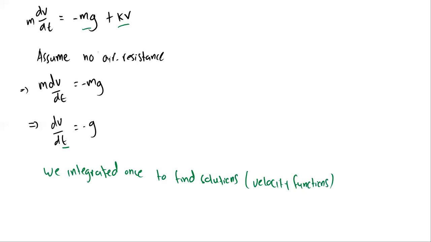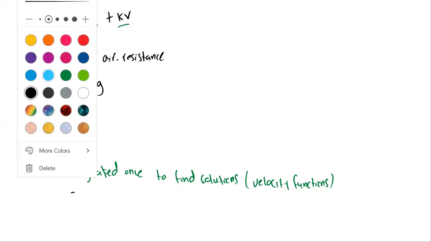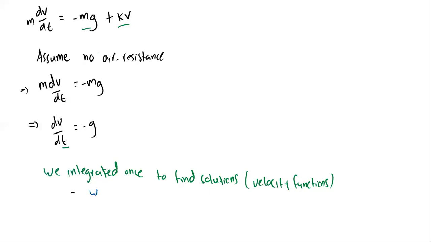When we integrated, we got this integration constant. How do we get rid of it? Well, we needed an initial condition, and specifically we used v of 0 equals 1, the initial velocity equals 1. We used this initial condition to get rid of the constant.